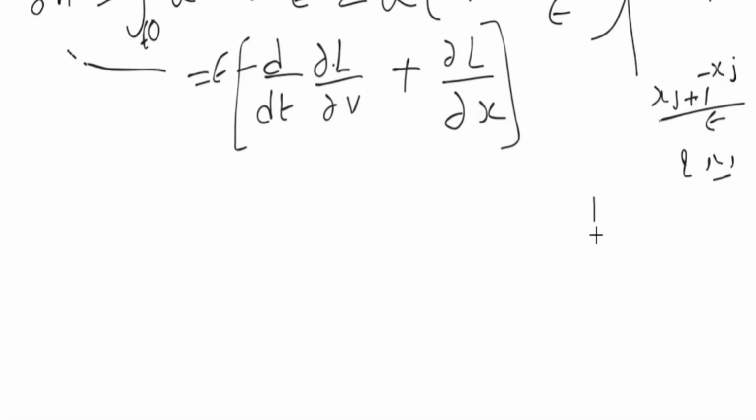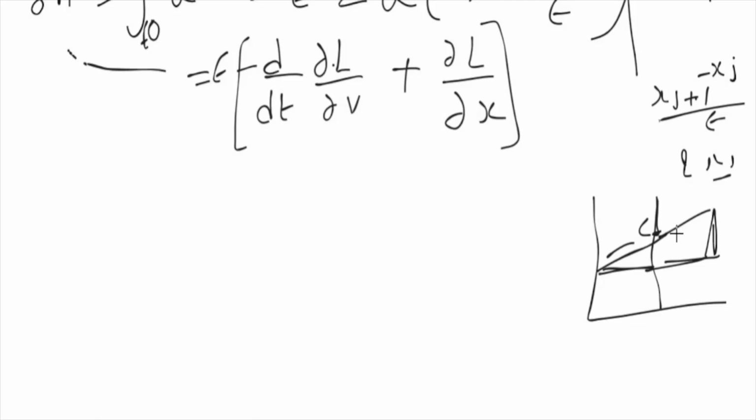How? Like we had this region of interest, so this point is C and suppose this is moving like this, so this slope is your velocity.